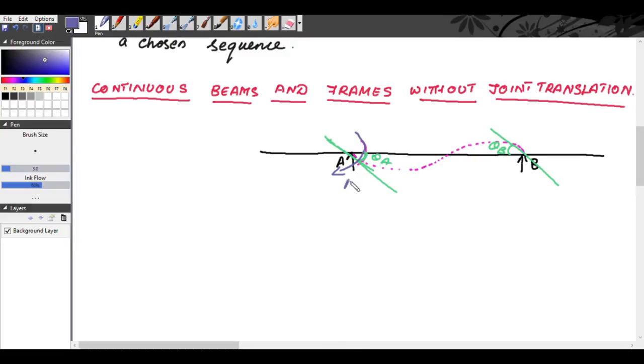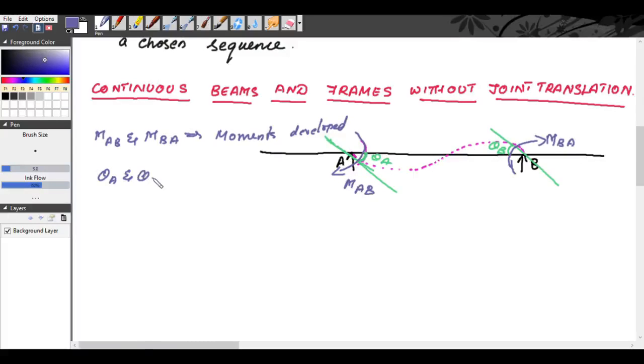There will be a clockwise moment MAB at A, and there will be an anti-clockwise moment MBA at B. So let MAB and MBA be the moments developed in the span AB due to the external loadings, and theta A and theta B the corresponding rotations at A and B.